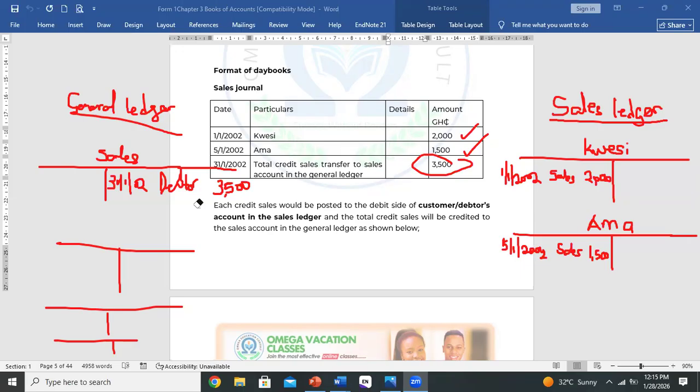In fact, I'm beginning to appreciate something here. Because we didn't start from the double entry, I got the impression that you have done that in school. But if there are issues with the double entry, then don't worry, I'll go back to it, because that is the basis of accounting. And if your double entry is struggling, you'd have issues with 90% of the remaining topics.